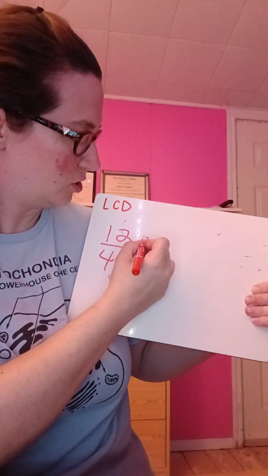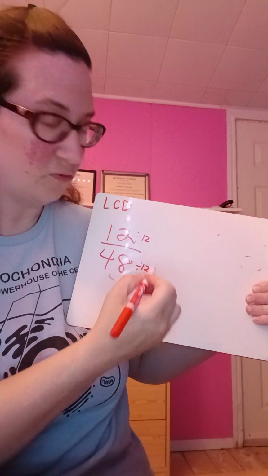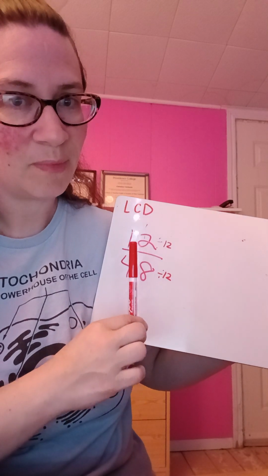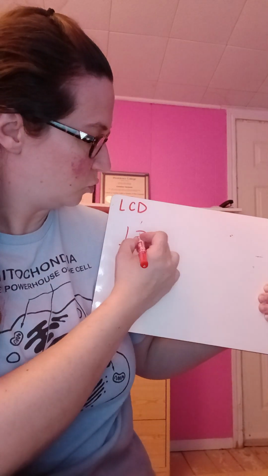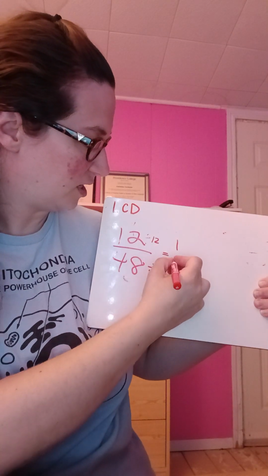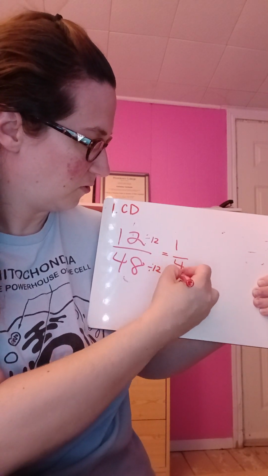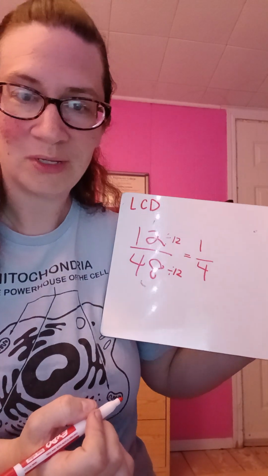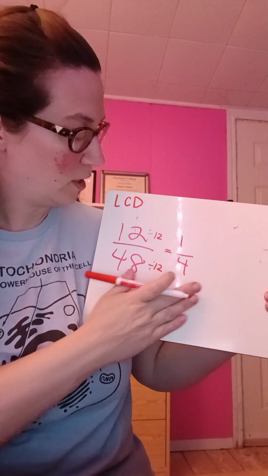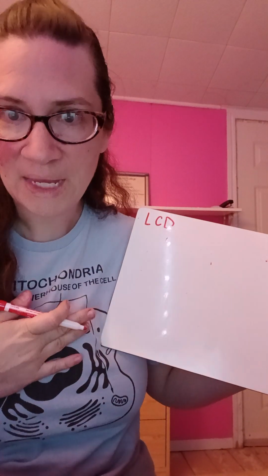So let's just divide both of these by 12, because remember, whatever we do to the top, we do to the bottom. Have to keep it balanced. So we're going to do 12 divided by 12. That's 1. And then 48 divided by 12 is going to be 4. Excellent job.